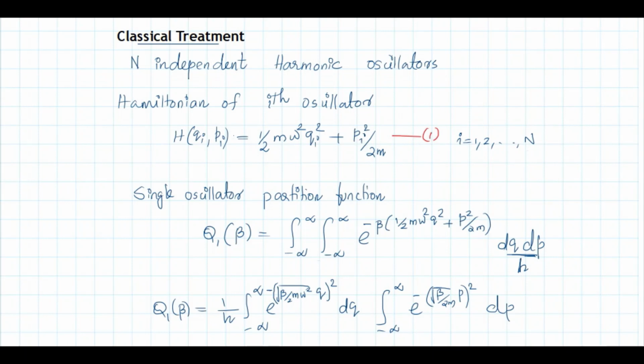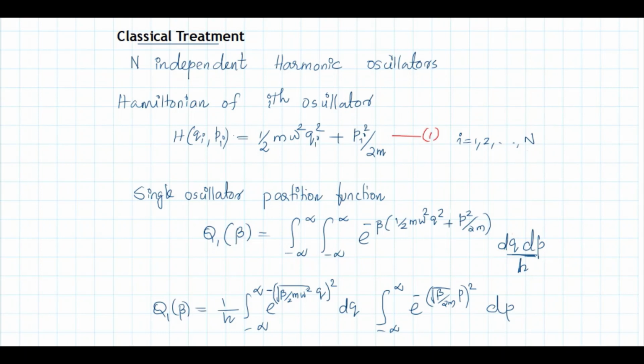So integration of q from minus infinity to plus infinity and p from minus infinity to plus infinity, e raised to minus beta h. Instead of h, I have half m omega square q square plus p square by 2m, into the volume element of phase space, dq dp, divided by the volume of a microstate in the phase space, and that is given by h.